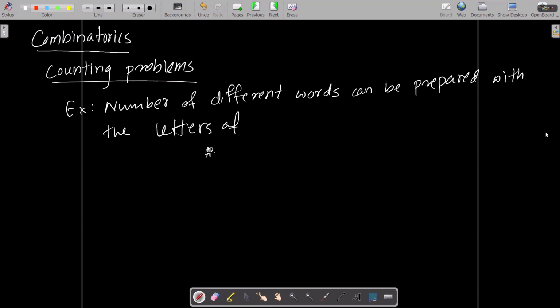Let's say the word planet. So you can use the counting principle here.